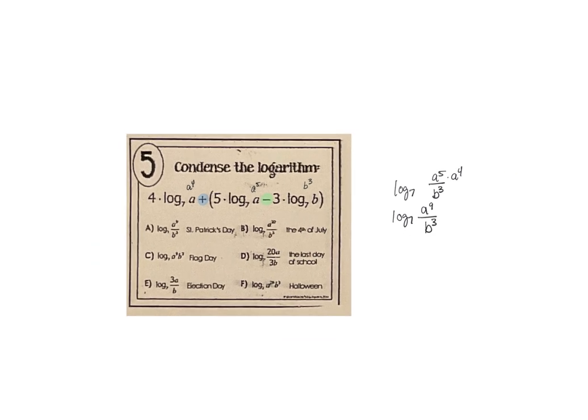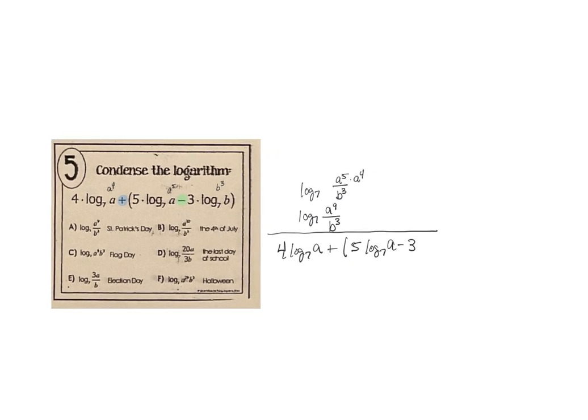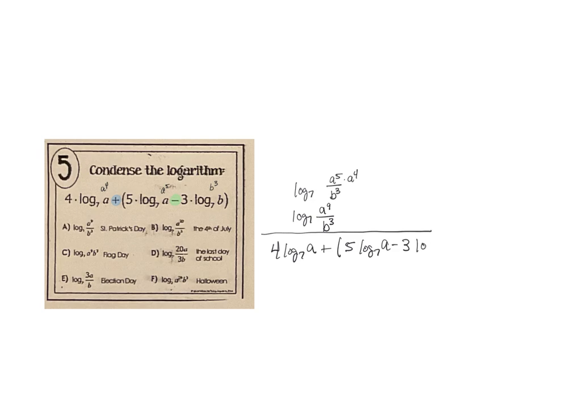Okay, now let's do it a little bit slower if you found that confusing. I'm going to draw a line right here. So let's work inside the parentheses first. Let's write 4 times the log base 7 of a plus 5 log base 7 of a minus 3 log base 7 of b.